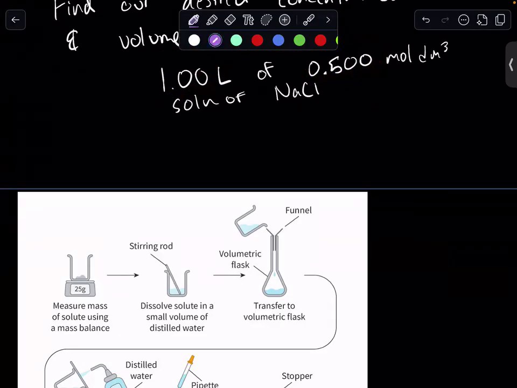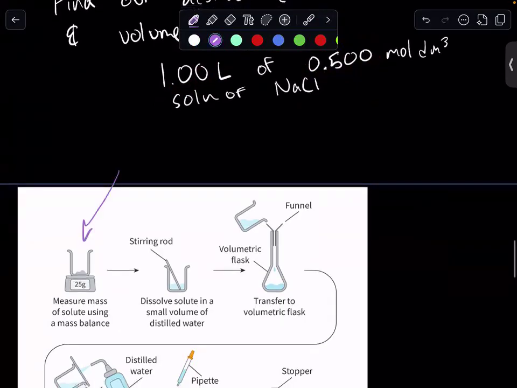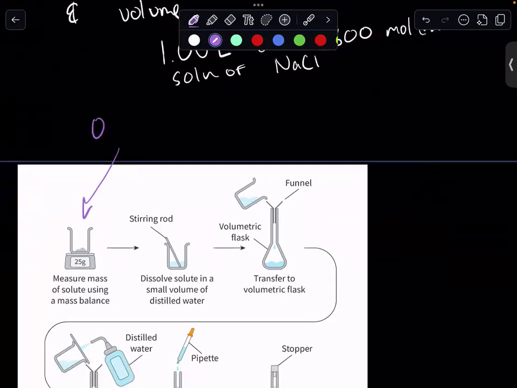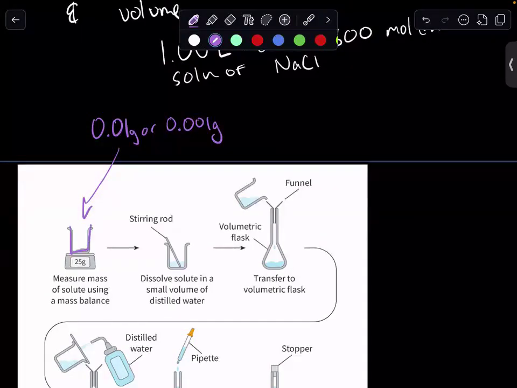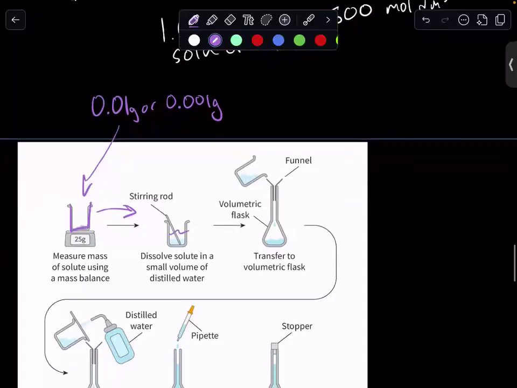And when we do that, we need to use a very specific sort of mass balance. Generally, you want something that goes to the 0.01 gram, or if even better, 0.001 gram. And you weigh out your solute in a beaker. What you'll notice is then you dissolve some of that solute or dissolve all that solute in water. You can use a stirring rod or you can just swirl it if you're using an Erlenmeyer flask, but you're going to dissolve it.